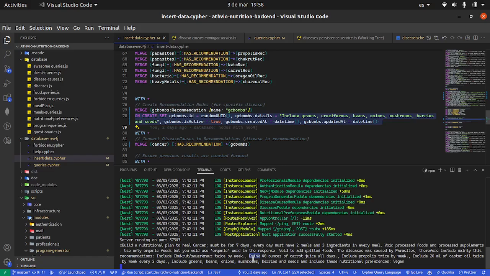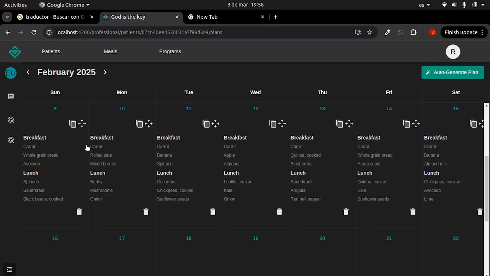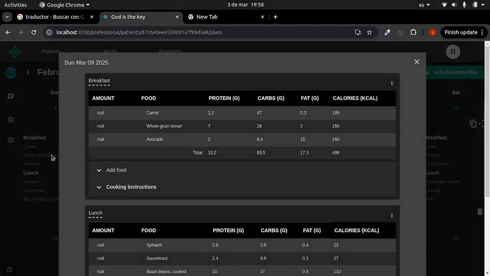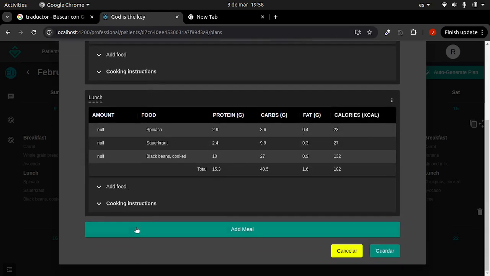I need to include 40 ounces of carrot juice every day. ChatGPT here added carrots, calories. Okay, I have problems. I had problems with amounts. Maybe ChatGPT couldn't return the right amount, or maybe I asked ChatGPT for one wrong amount. I need to fix that also.